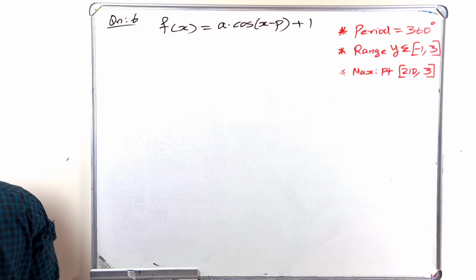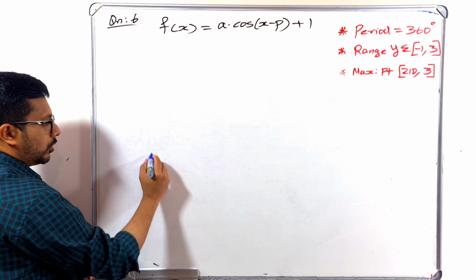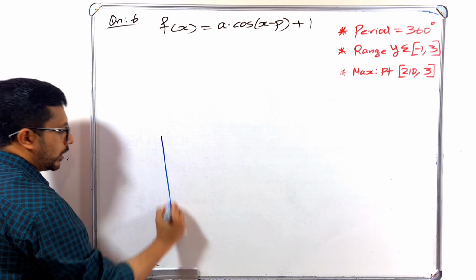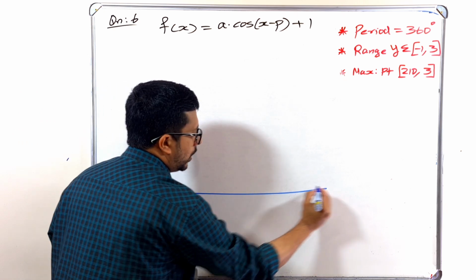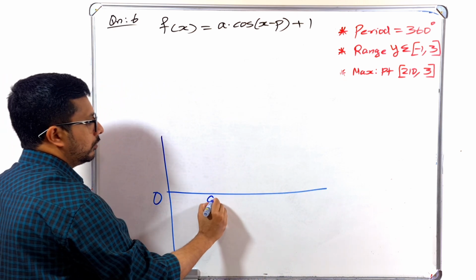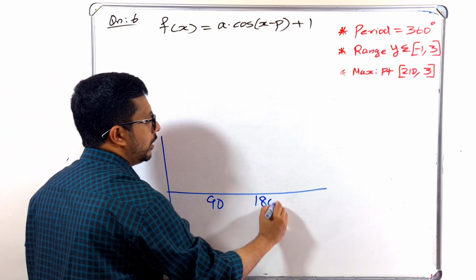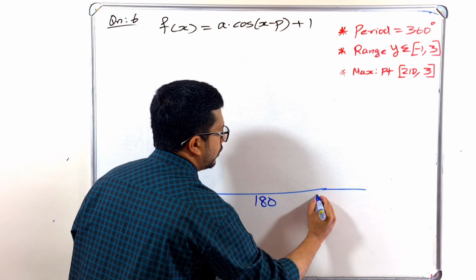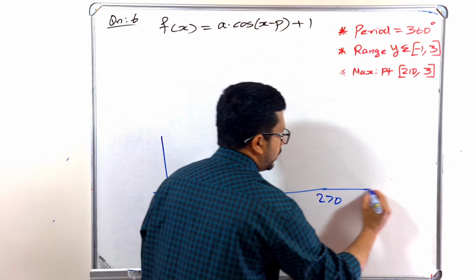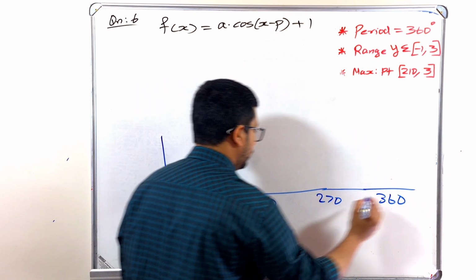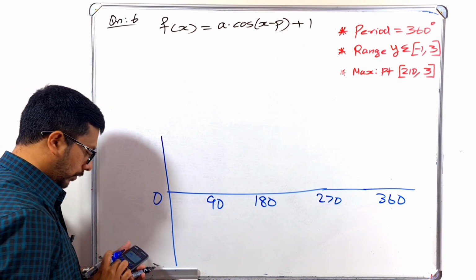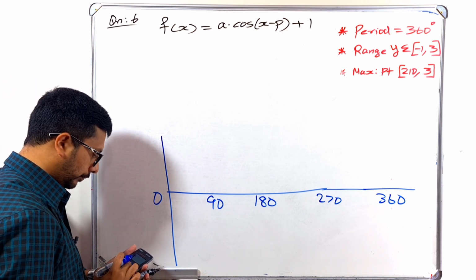Let me draw the cos x graph once more, the normal cos x graph. This is 0, 90, 180, 270 and 360.